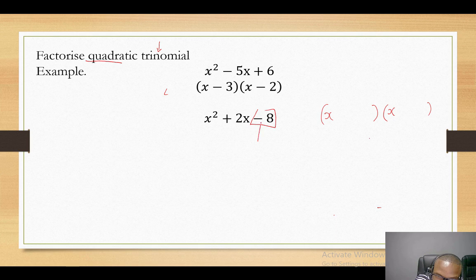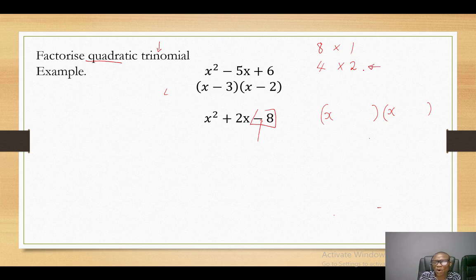And when the last term is negative, it means the signs in the brackets should differ. So it's going to be positive and negative. But what are the factors of 8? It's 8 and 1, 4 and 2. But I'm going to now put my emphasis on 4 and 2.